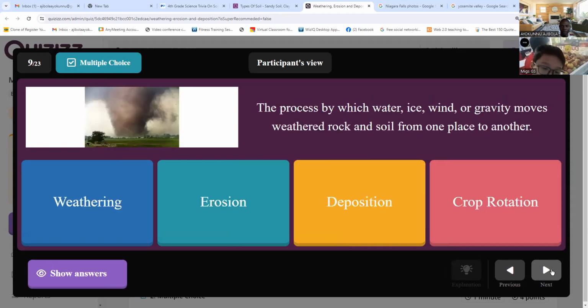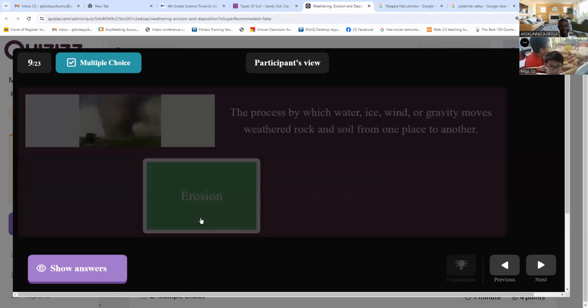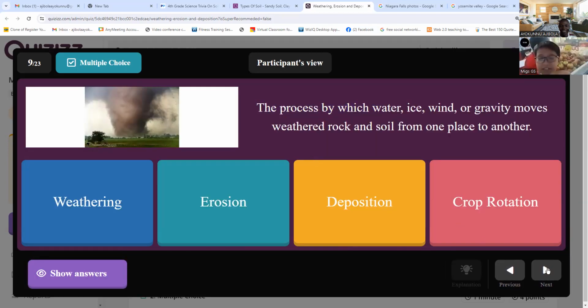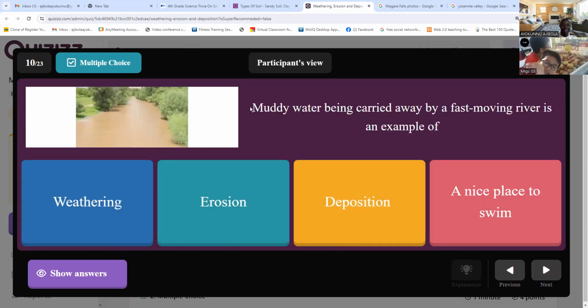What do you think the answer to this should be? Erosion. Yes, that's correct. Now read this.